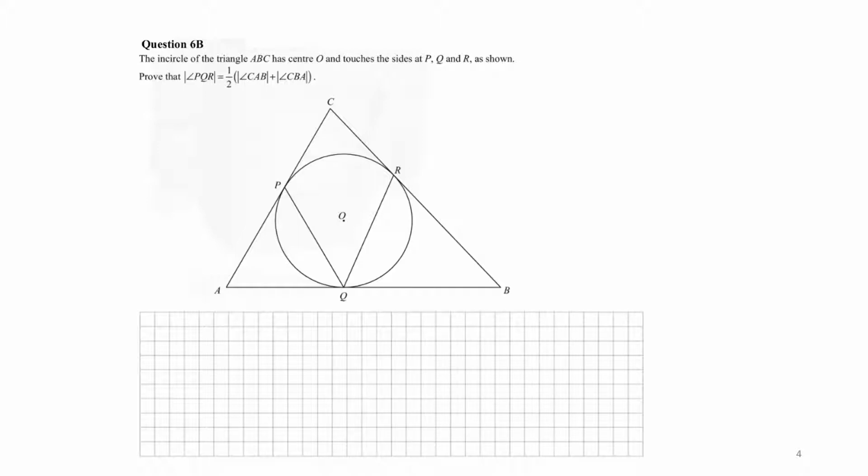Similarly, if I do that here, AC is also a tangent, which means that here, ignoring that little line for a second, I have two right-angled triangles, I have two right angles, one at Q and one at P.